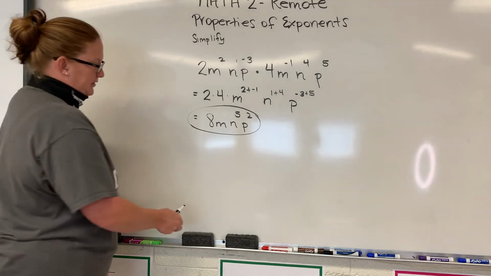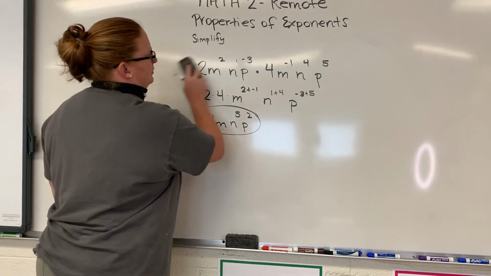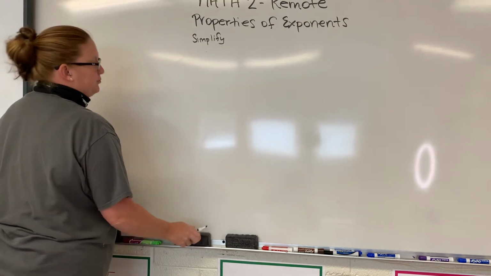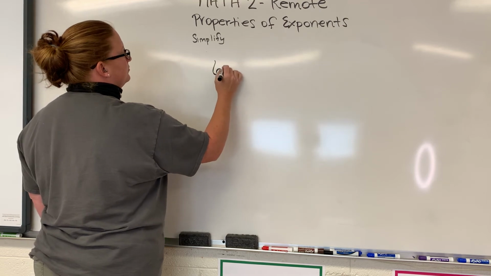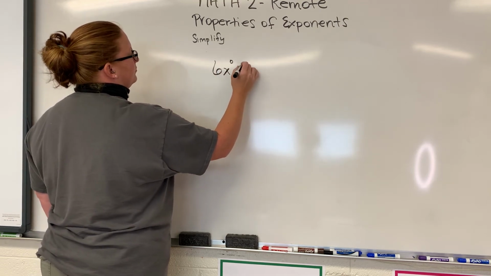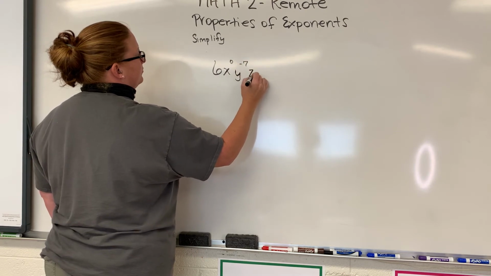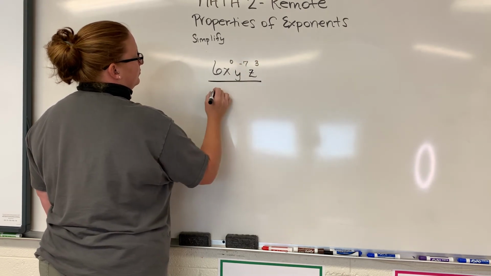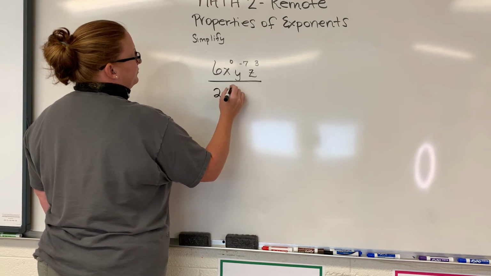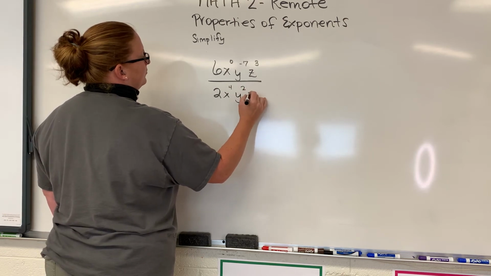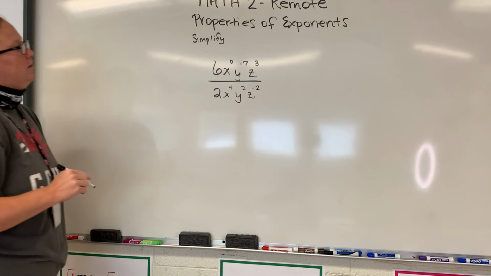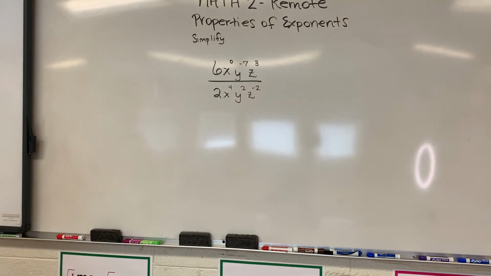Okay, now let's mix in a division problem. So we have some negatives, we have a 0 power, and we also are dividing this expression.